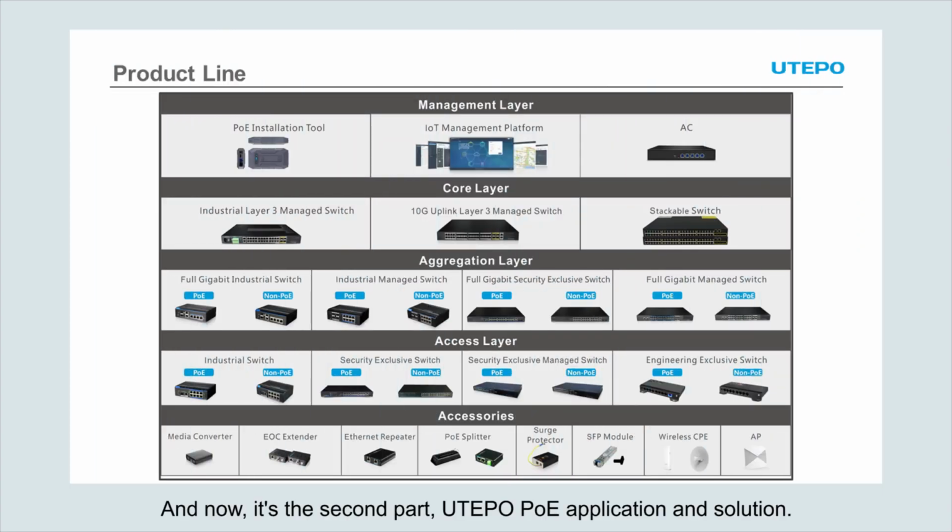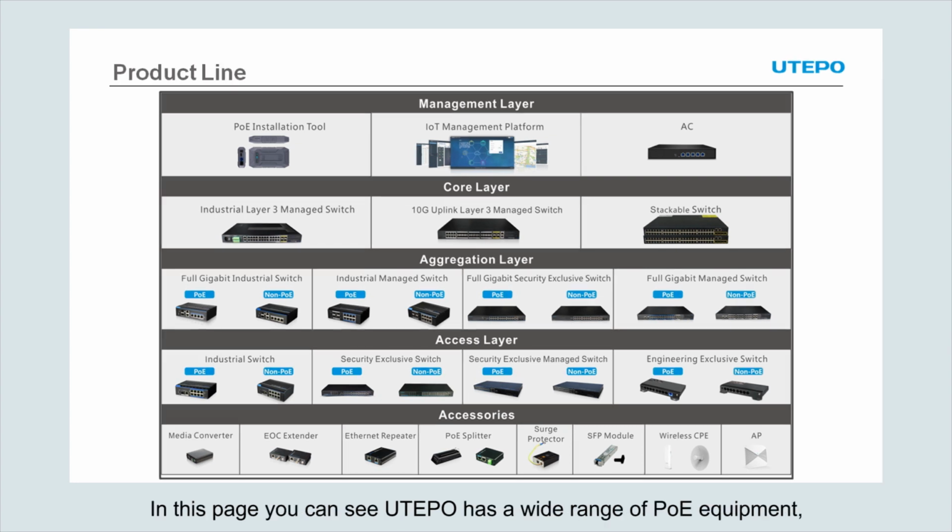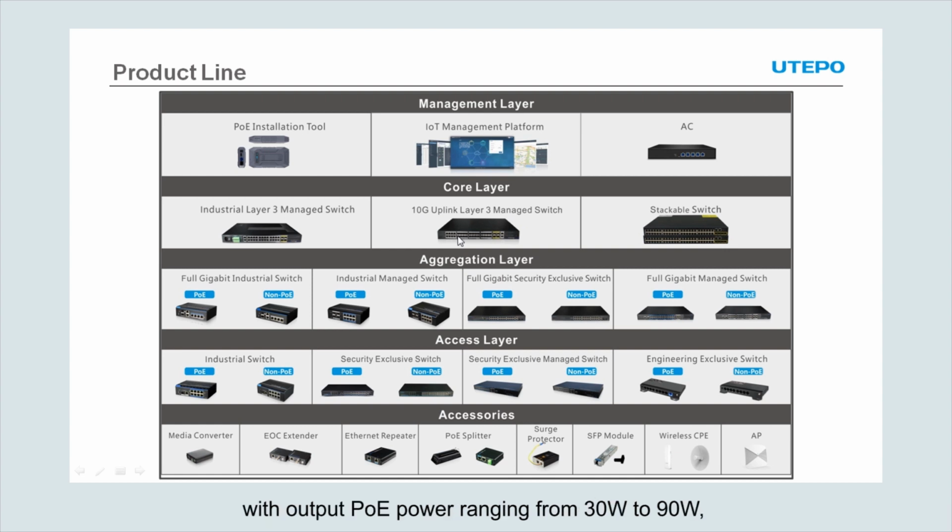And now is the second part, UTEPO PoE application and solution. On this page, you can see UTEPO has a wide range of PoE equipment. Taking the PoE switches as an example, from the access layer to the aggregation layer and to the core layer, with output PoE power ranging from 30 watts to 90 watts to meet the needs of customers in different scenarios.